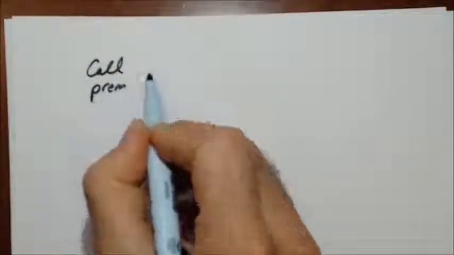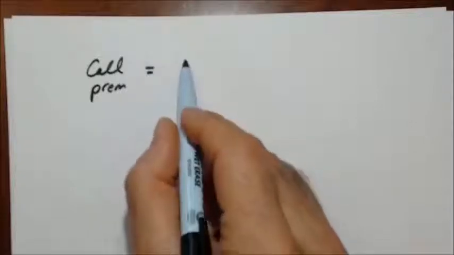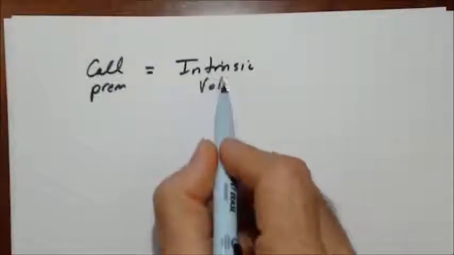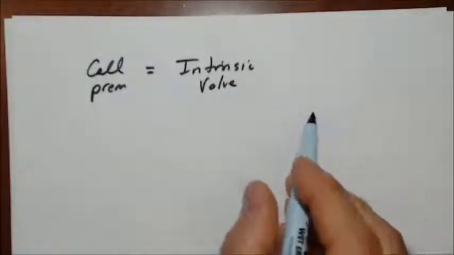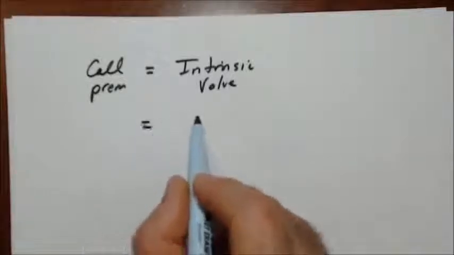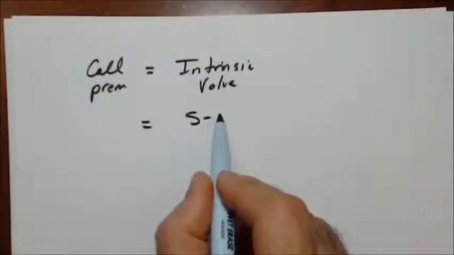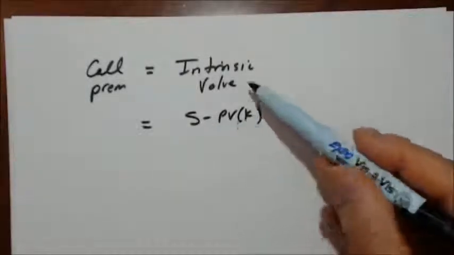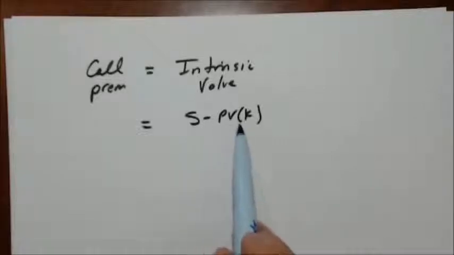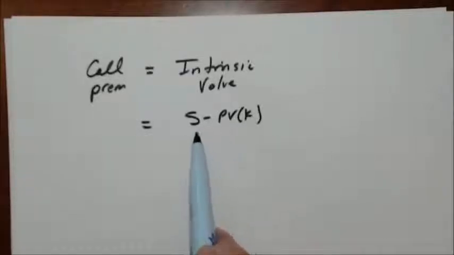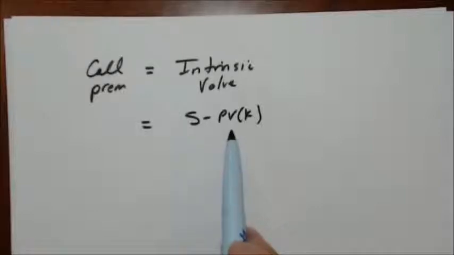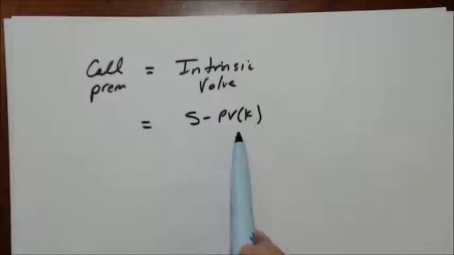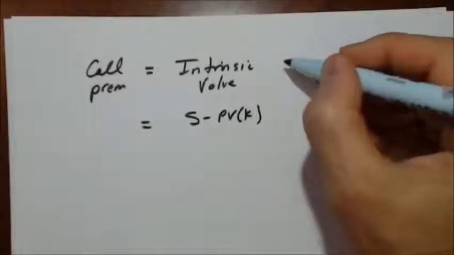The call premium, the value of the option, equals its intrinsic value, which for a European option is the stock minus the present value of K. Even though you don't have access to this with a European option, because you can't exercise the option, if you could, the value of this option intrinsically at this point is worth this difference, even though you can't get your hands on it yet.